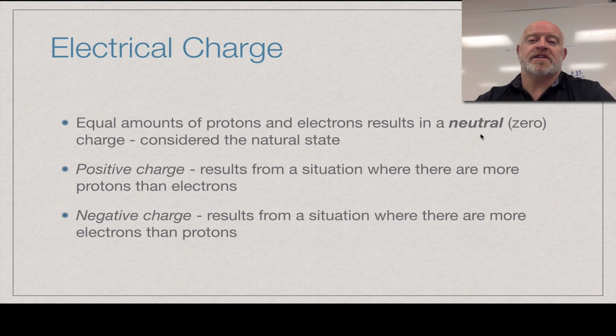At the atomic level, we could take one atom of, let's say, carbon. It has 6 protons and 6 electrons, so it's a neutral atom of carbon. Now, if we were to steal an electron from that, we'd have 6 protons and only 5 electrons. So we would create positive charge on that atom.